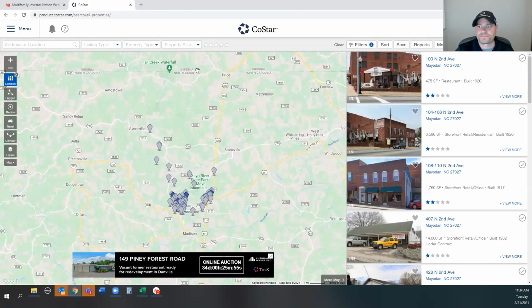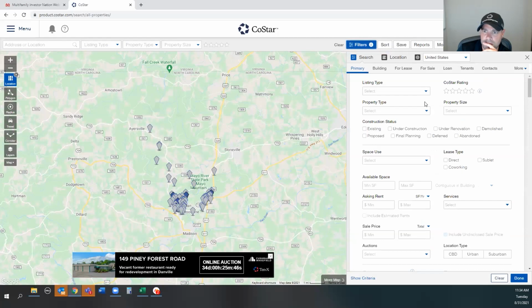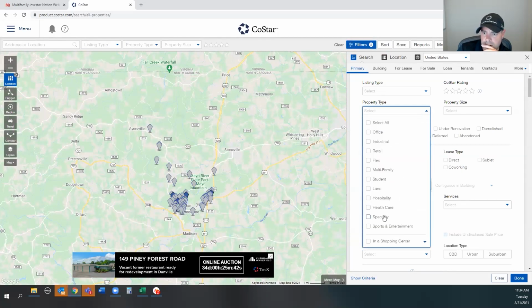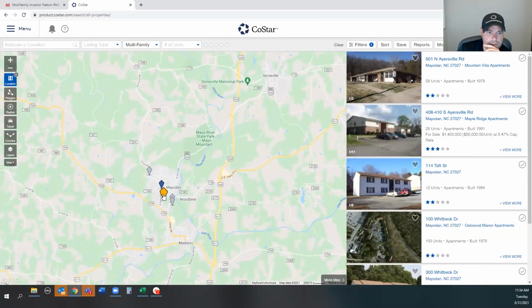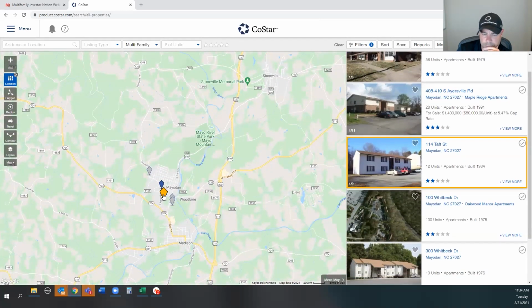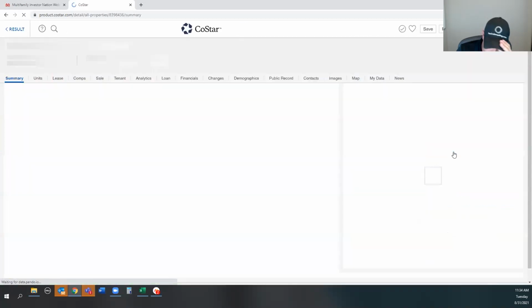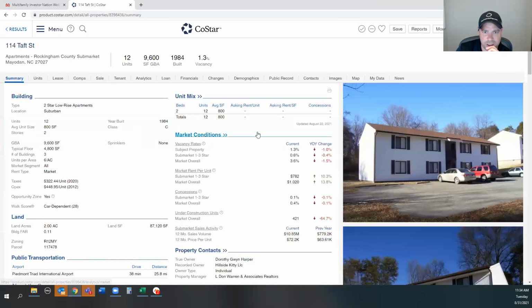Let's check it out. Let's see if we can filter this list by multifamily. All right, so narrow it down, and I'm just going to pick a property at random and pull it up. I have no idea if this is anybody's property on the call. I'm just grabbing one at random and taking a look at what we have here.